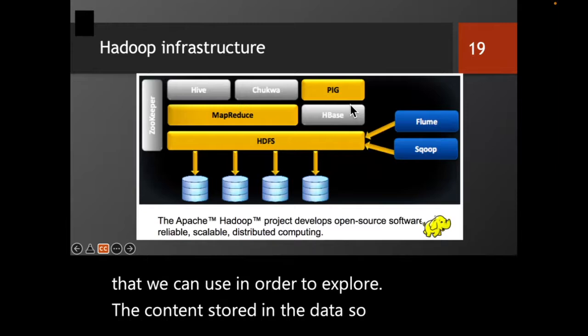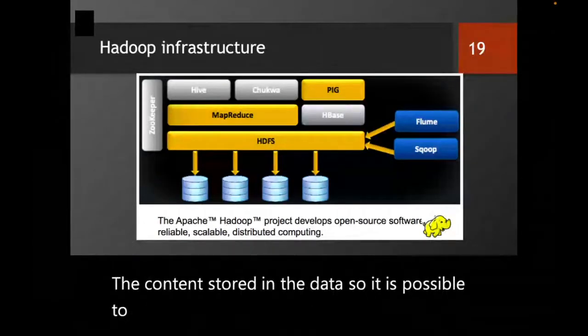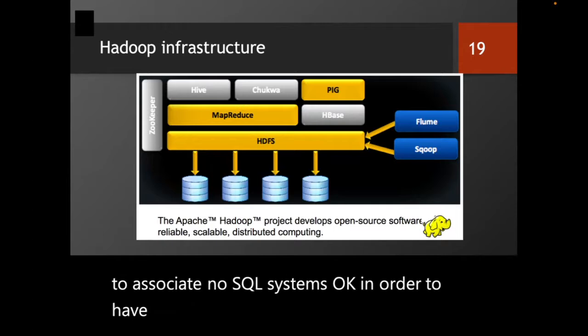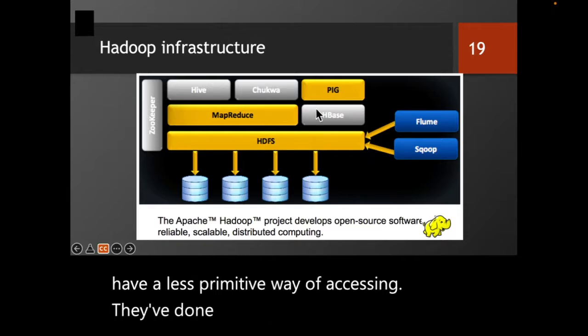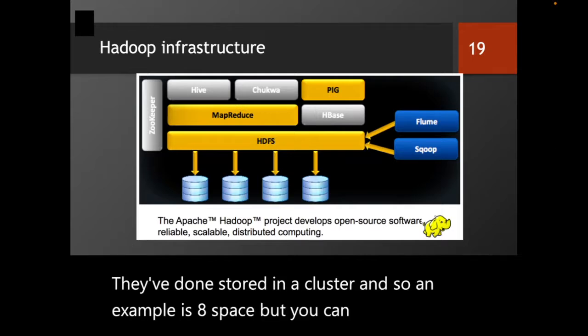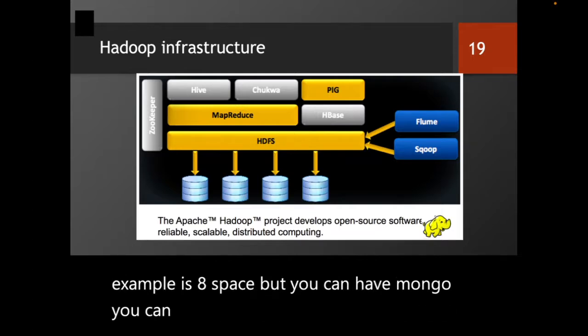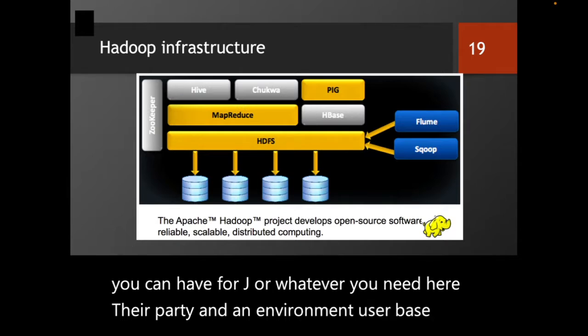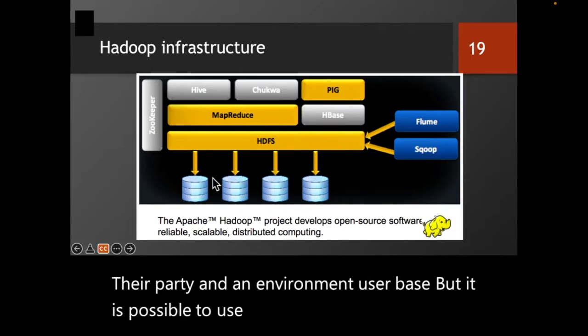So it is possible to associate NoSQL systems, okay, to have a less primitive way of accessing data stored in a cluster. An example is HBase, but you can have Mongo, you can have Neo4j or whatever you need here. The Apache environment uses HBase, but it is possible to use other solutions.